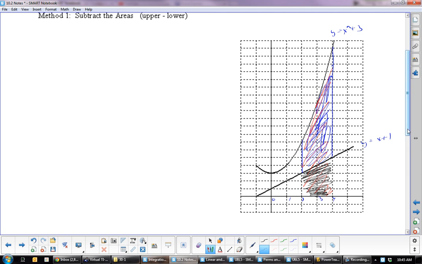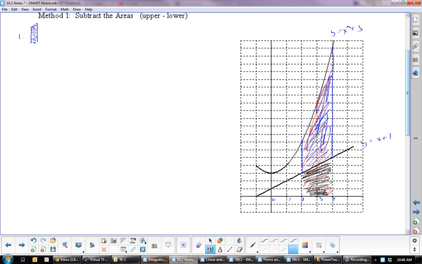So all we're going to do is take the red area, subtract the black area, and we should be left with the blue. So let's find the area of the blue. Okay, so the red. Let's find the area of everything under x squared plus 3. So we will find all of this, all the way down.